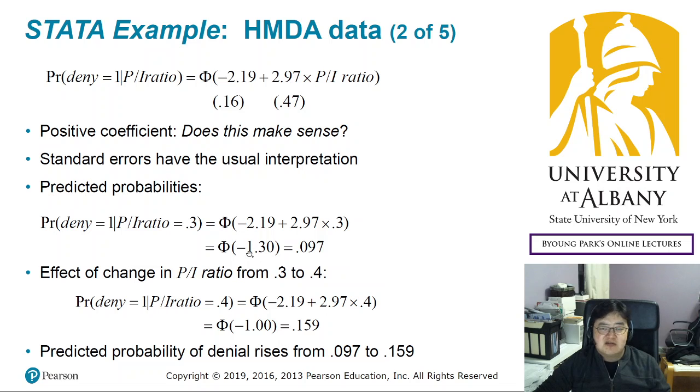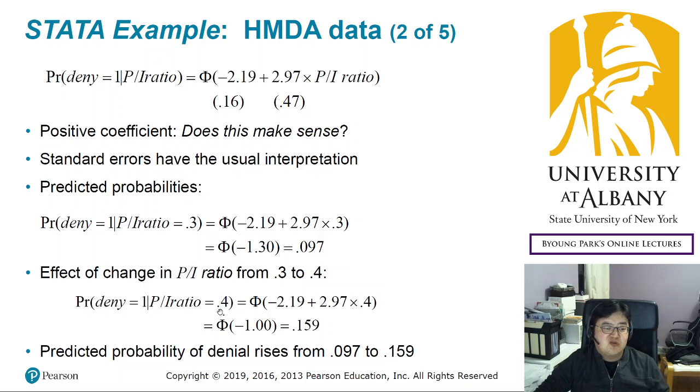Find the standard normal distribution table to see the probability below minus 1.3, which is 0.097. So conditional on this PI ratio, the probability of denial is only 9.7%. That is the result, but minus 1.3 has no interpretation.